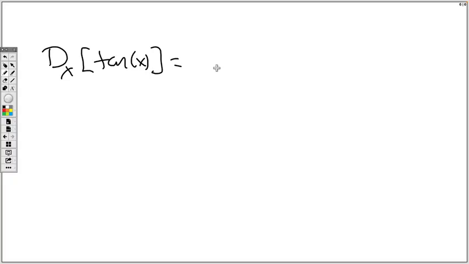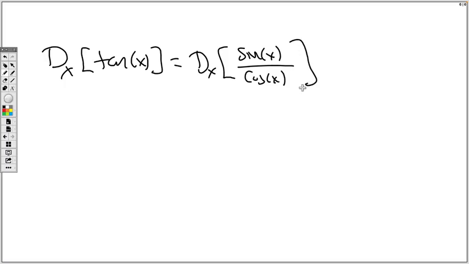But when we first get into it, I don't know. But we do know that we can rewrite tangent as what? Sine of x over cosine of x. And so we've created a fraction, which means what rule do we have to apply? Quotient rule.